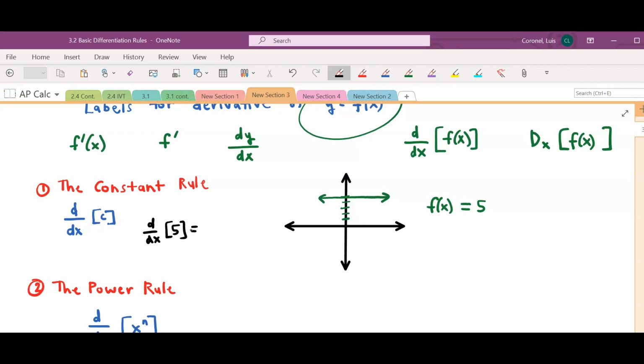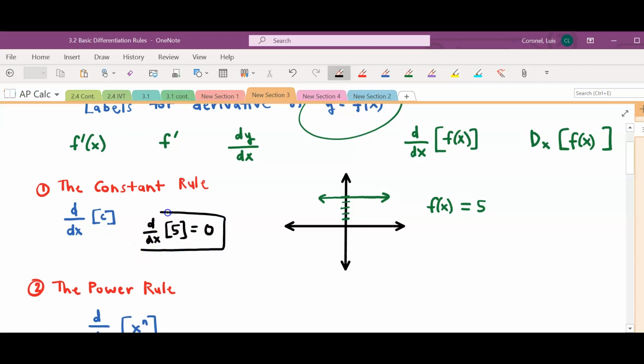I'll give you a couple seconds to think. Hopefully you're thinking that the slope is 0 because the line doesn't increase. The green line doesn't decrease. So the derivative of 5 is 0. And that's the constant rule.